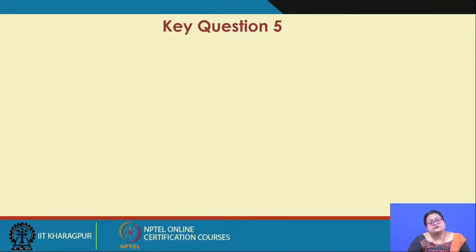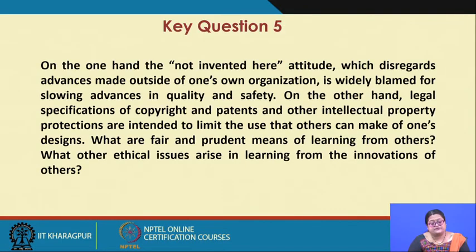Now we will move on to key question 5, which talks about, on the one hand, the not-invented-here attitude, which disregards advances made outside of its own organization, and which is widely blamed for slowing advances in quality and safety.